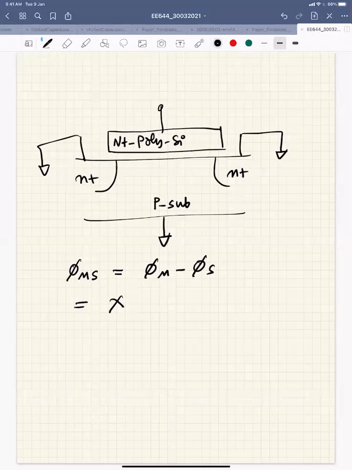your Fermi level is inside the conduction band, very close to the conduction band. So your phi m is nothing but your electron affinity.